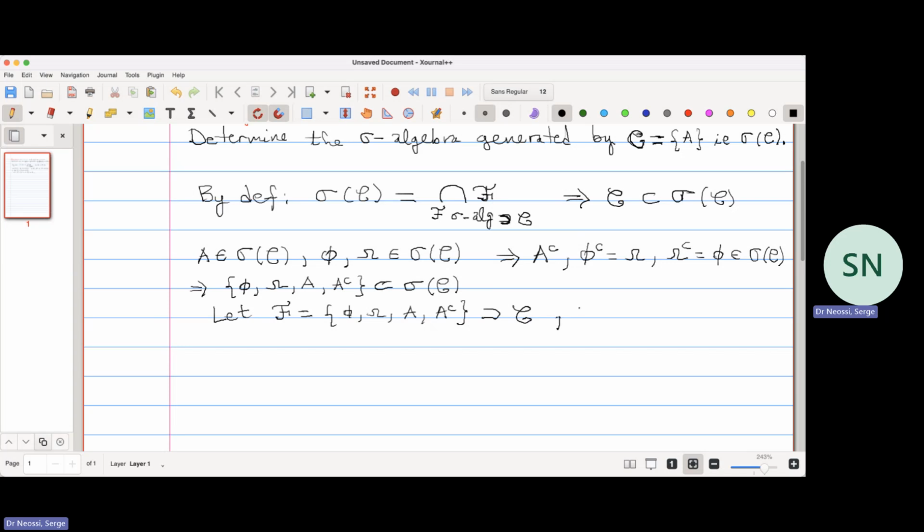So from the above, what I just said is that F is contained in the sigma algebra generated by C. This comes from this result.